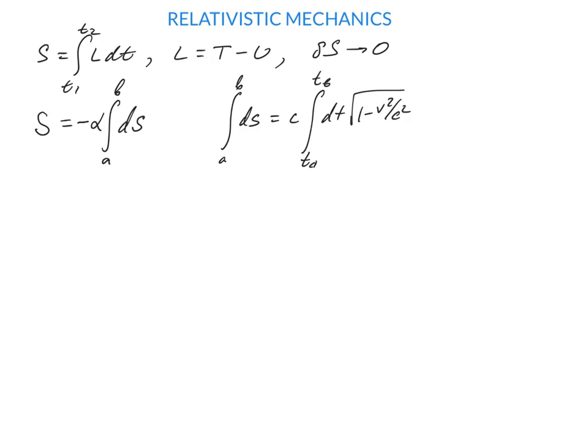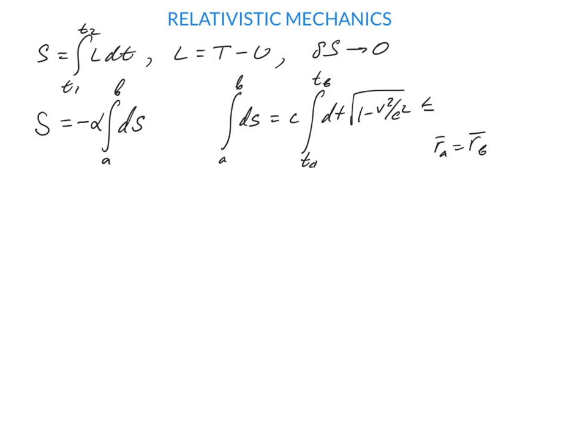Now, let us evaluate this integral in the reference frame such that r_a is equal to r_b. Because the interval is time-like, we can pick the reference frame so that the events a and b occur at the same place.